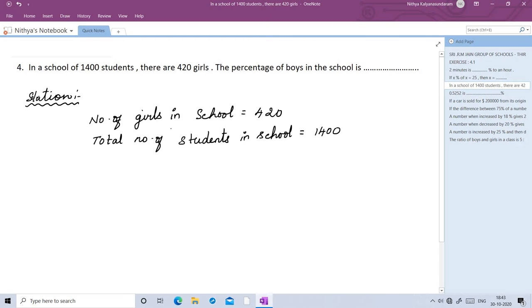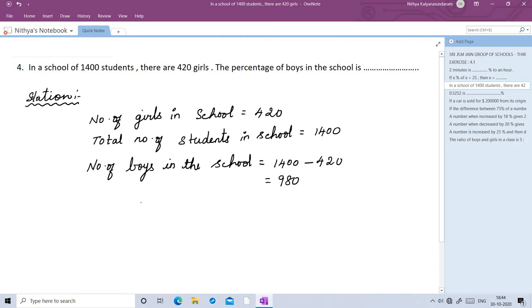If you want to calculate the number of boys, it is total number of students subtract number of girls, then you will get the number of boys in the school. So number of boys in the school is equal to 1400 minus 420, which is 980. So number of boys in the school is 980.